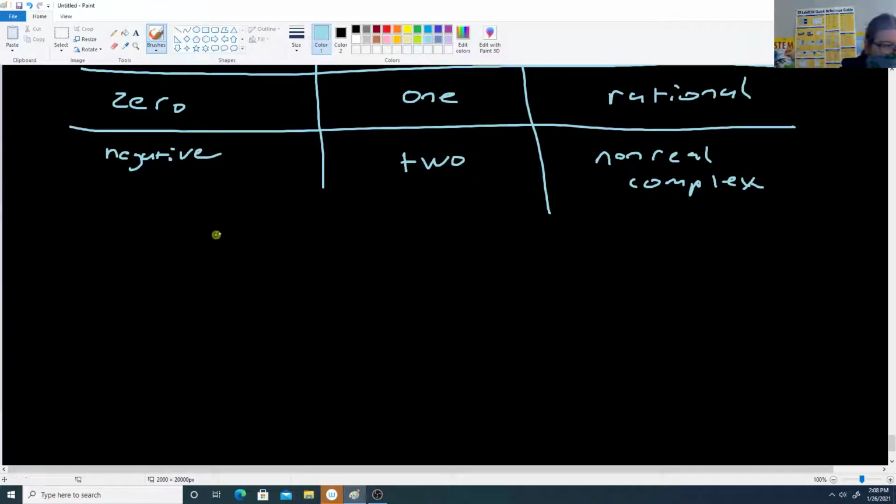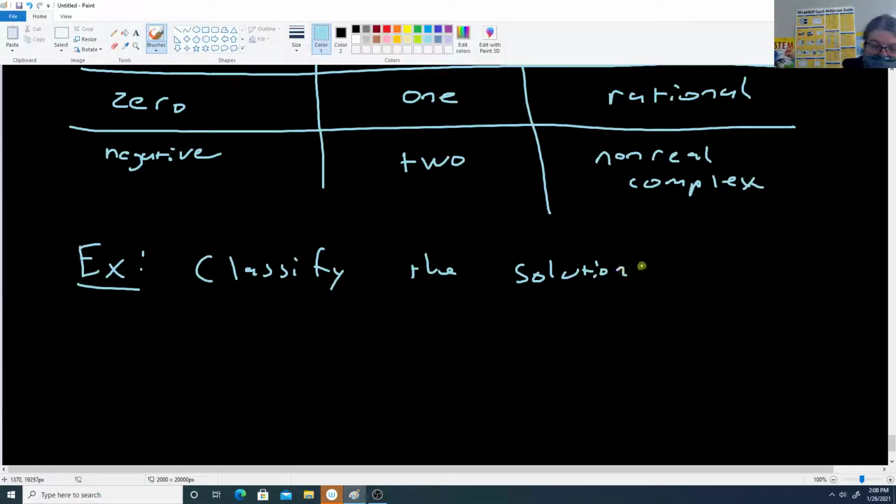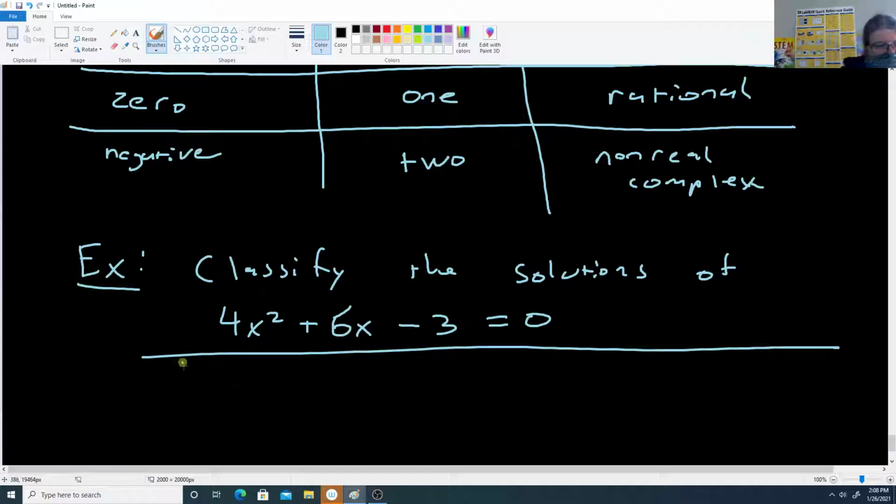So we'll do an example seeing how to use that table. Classify the solutions of 4x squared plus 6x minus 3 equals 0. So step 1, figure out what b squared minus 4ac is, the discriminant.